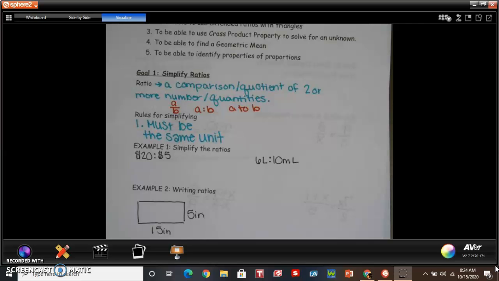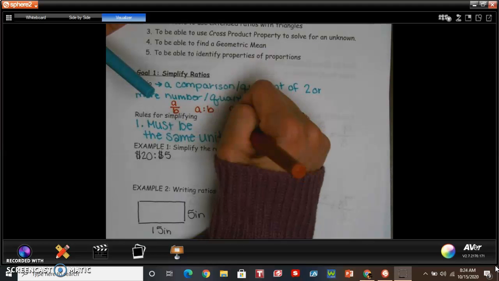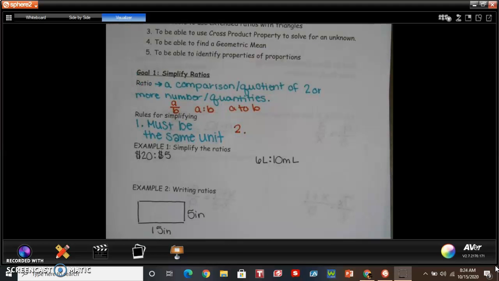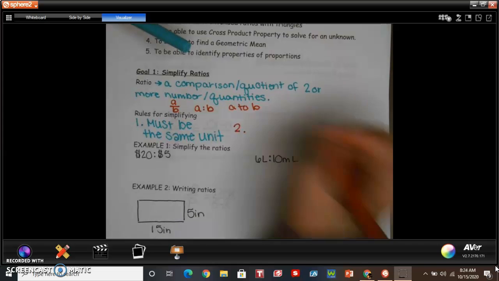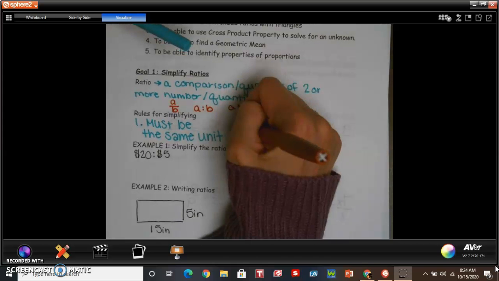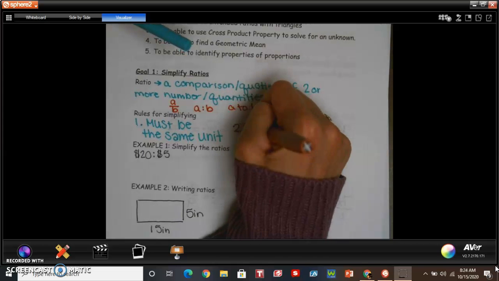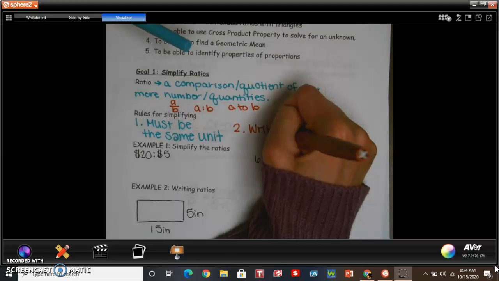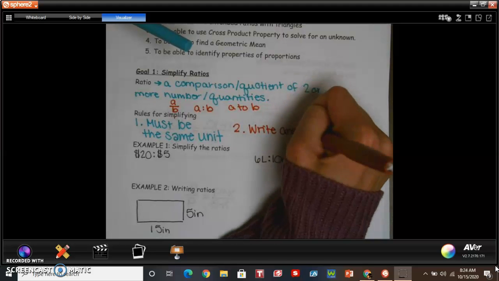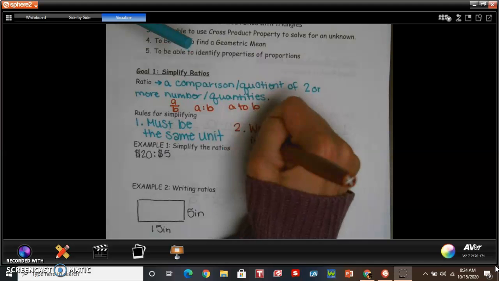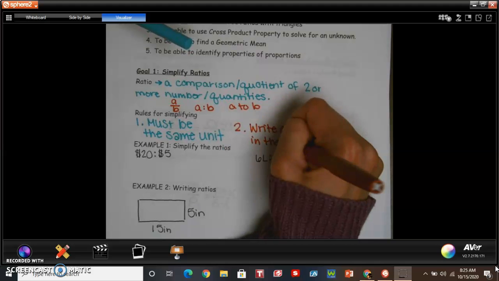We can't do a comparison of ounces and pounds, okay? They have to be the same unit. And then step 2 to simplifying ratios is to write your answer in the same format as given.